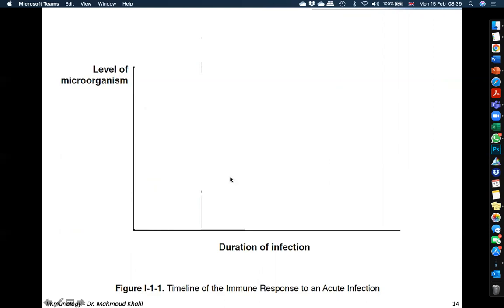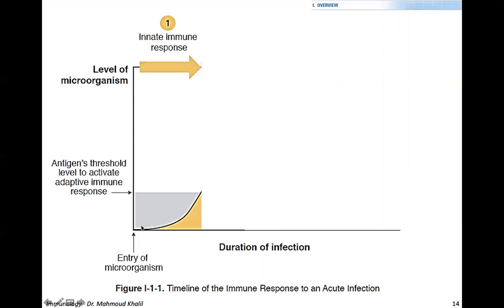It starts here with the entry of the microorganism, and the number of microorganisms increases in your body, and this will trigger the innate immune response, as you can see from the top of the chart.